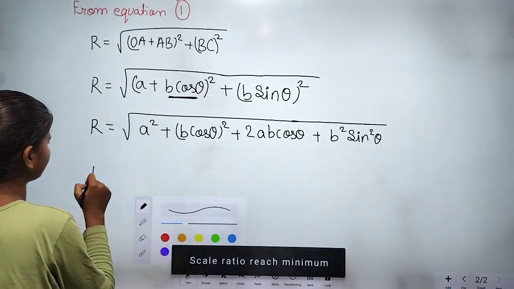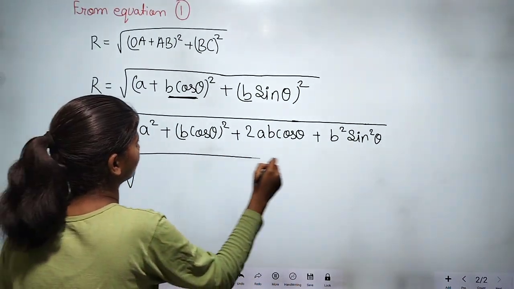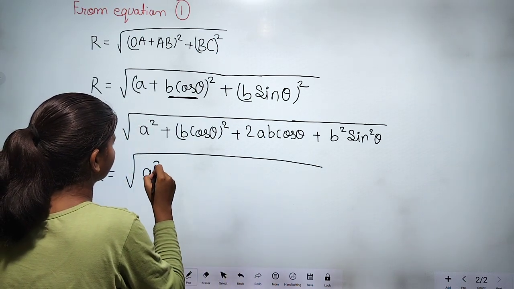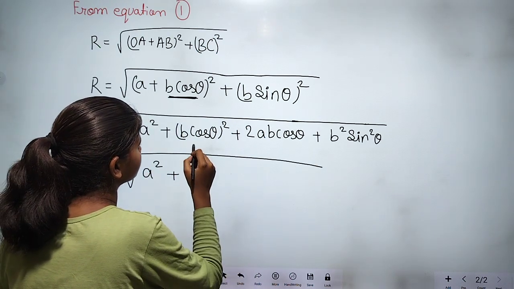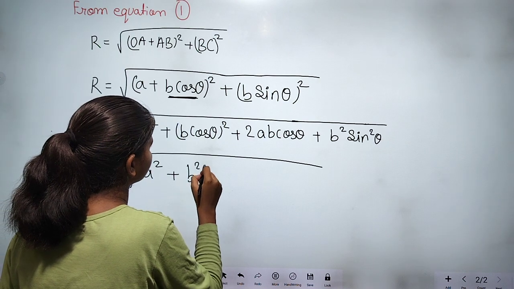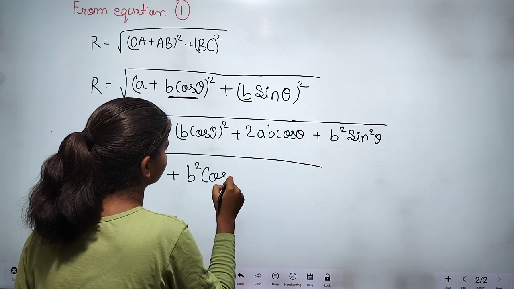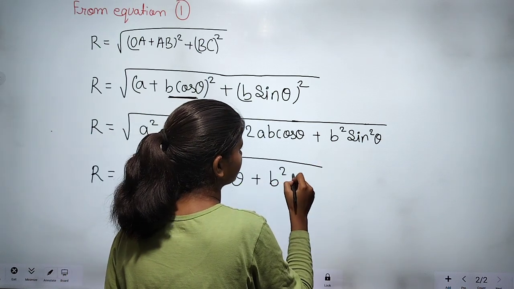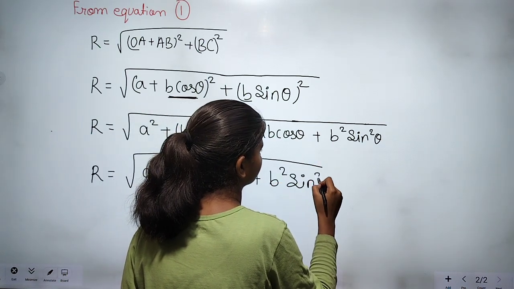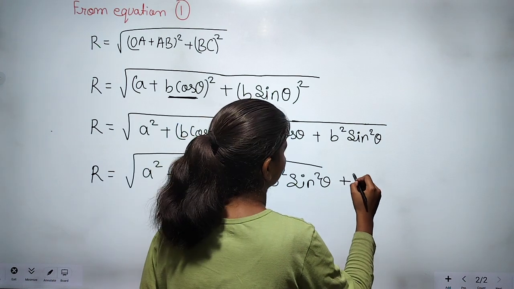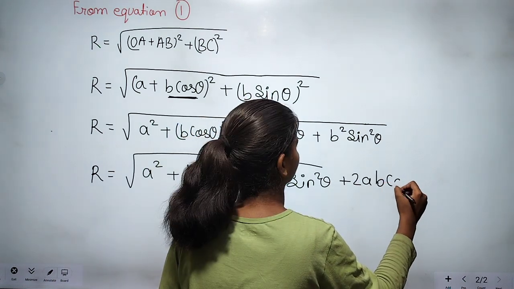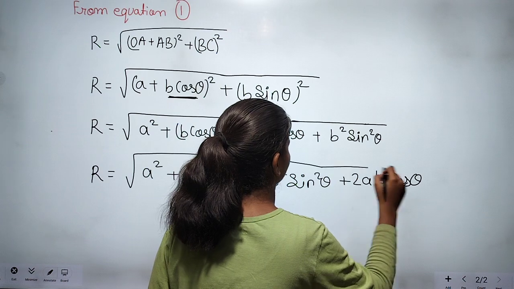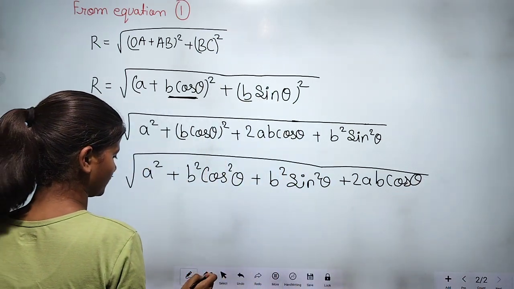Now here root under A square plus B square cos square theta plus B square sin square theta plus 2AB cos theta.